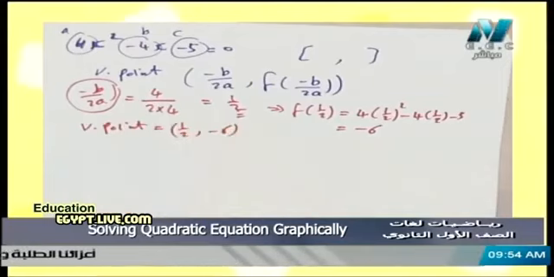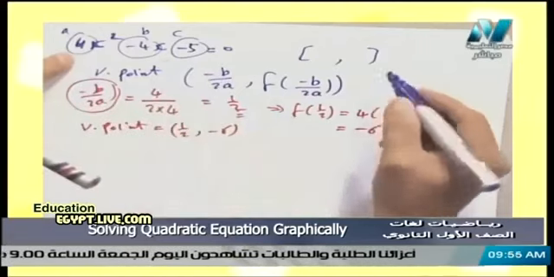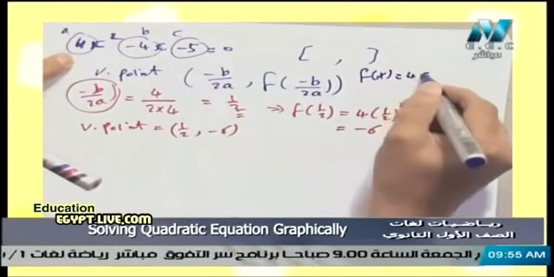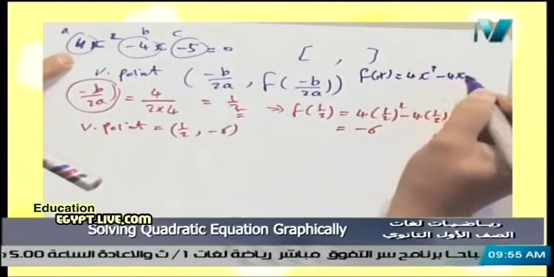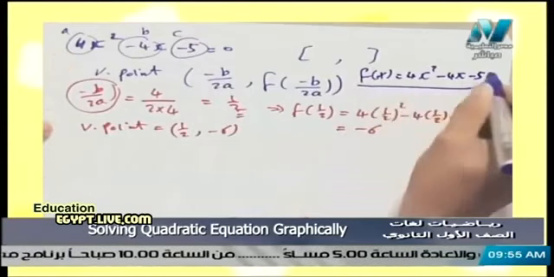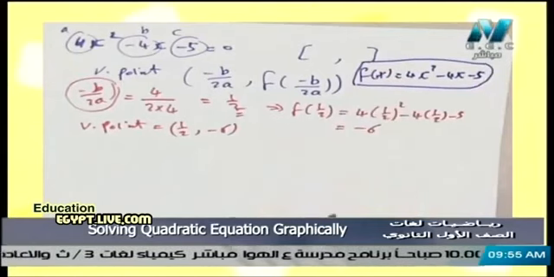Look carefully, my dear students. We have an equation and its function, we can call it 4x power 2 minus 4x minus 5, and we have no interval. Okay.